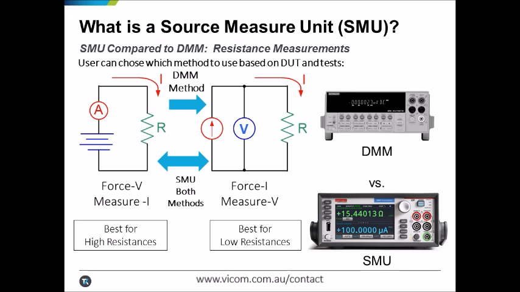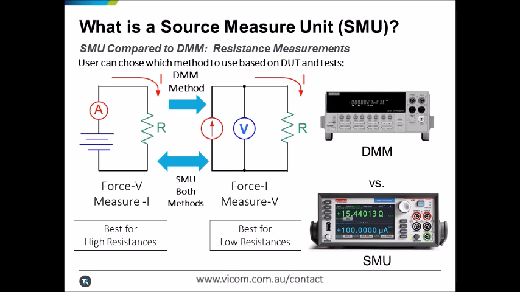One key difference between the SMU and the DMM is how it can measure resistance. SMUs offer fully programmable source values for measuring resistance. One of the advantages of the SMU over the DMM is that the user can choose whether they want to source voltage or source current to make the resistance measurement. This can be valuable for protecting sensitive devices under test, or for measuring extra high or extra low resistances.